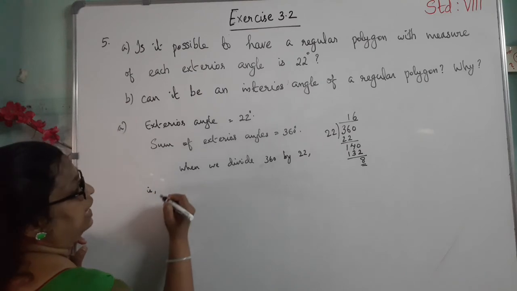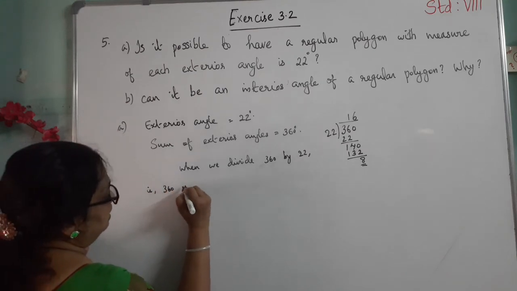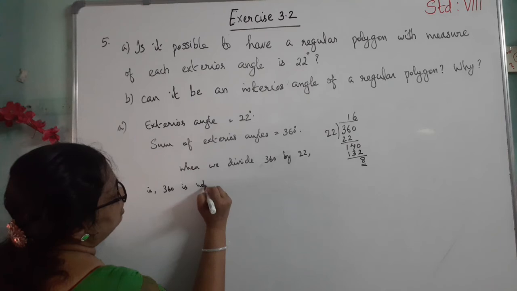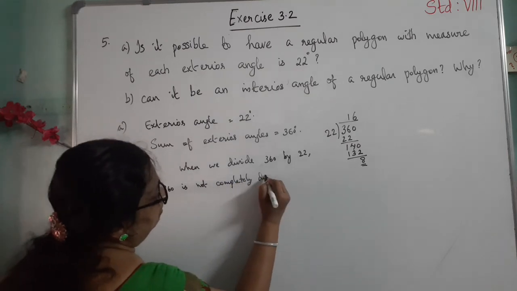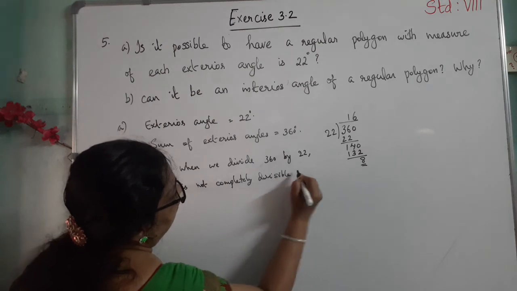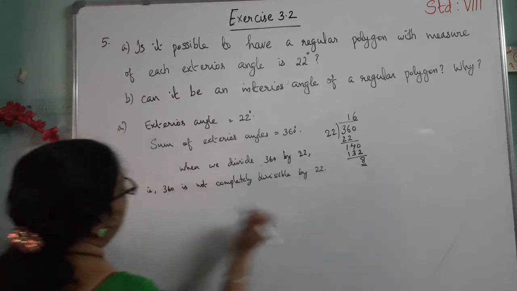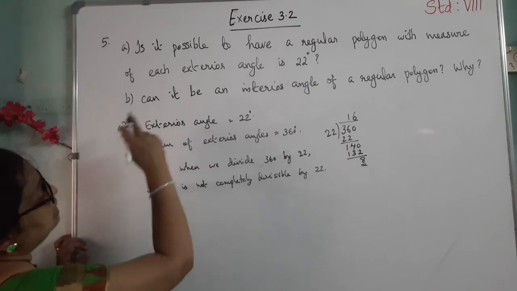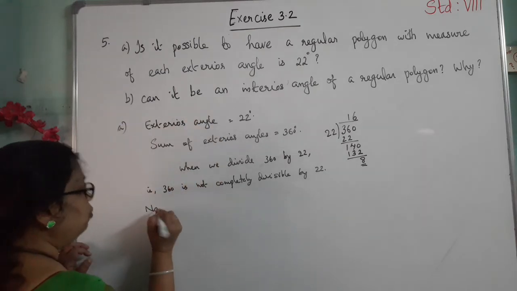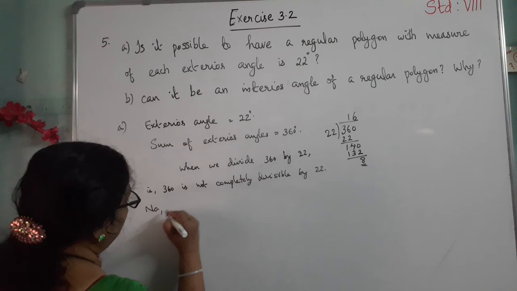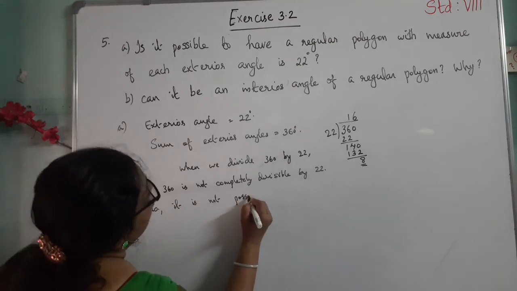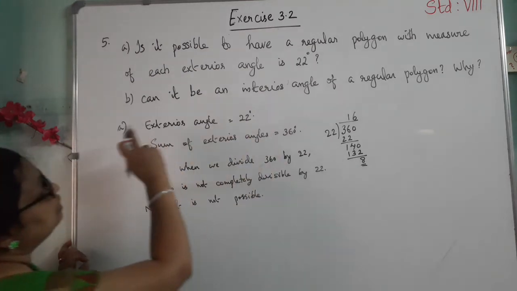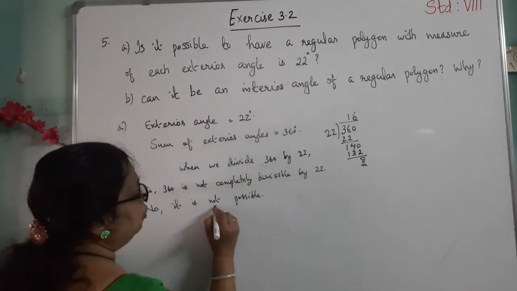That is, we can write that 360 is not completely divisible by 22. So the answer to whether it is possible is no, it is not possible. No, it is not possible to have a regular polygon with each exterior angle measuring 22 degrees.